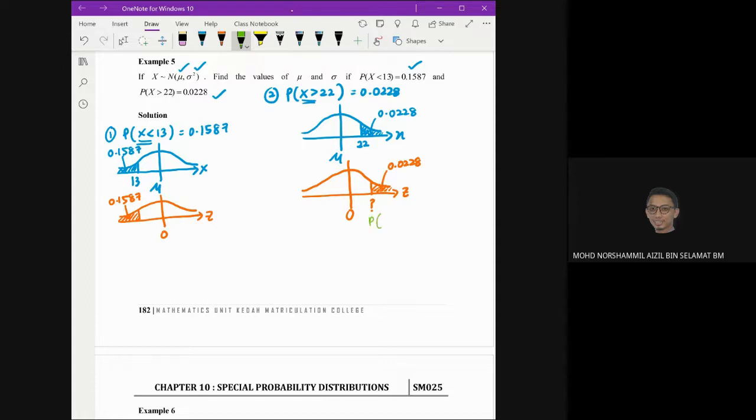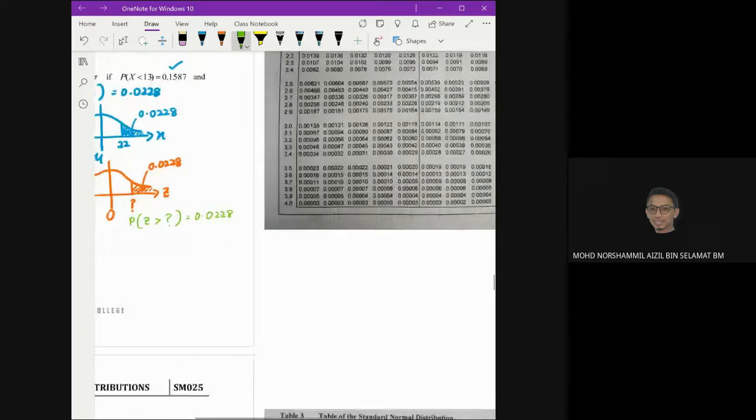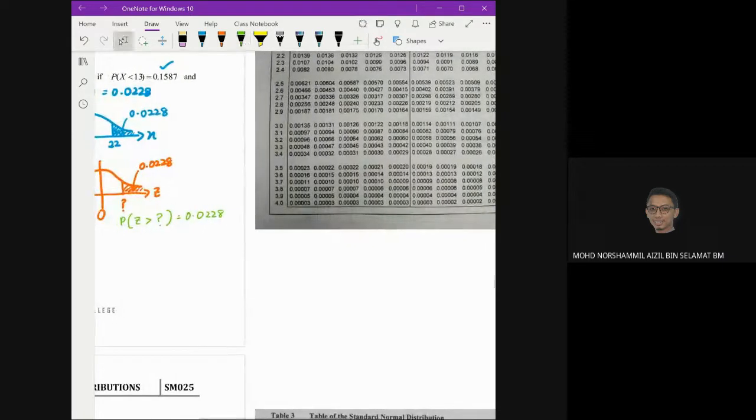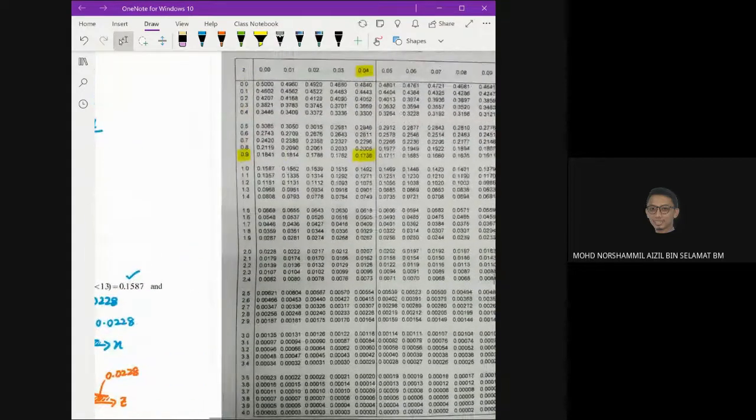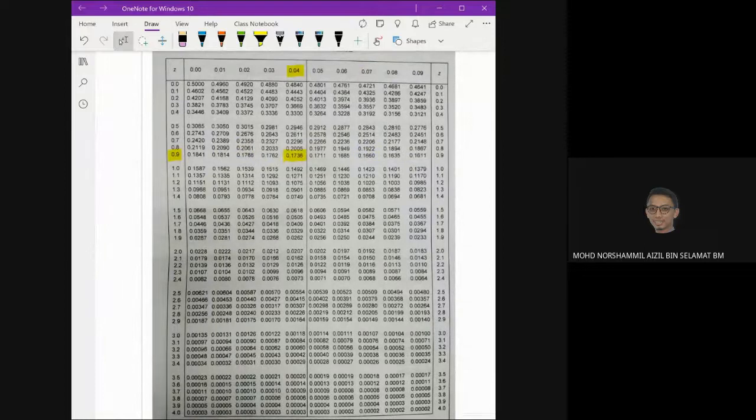Probability of Z greater than something will be 0.0228. Mari tengok table. 0.0228, kat mana? Oh, 2.0. Ha, okay. Oh, 0.0228 dekat sini.